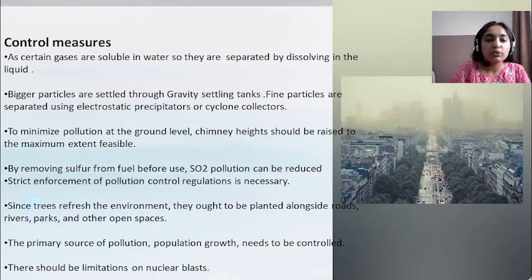How? By using filtered chimneys, by planting more and more trees, by using devices such as gravity settling tanks for bigger particles, and by removing sulfur from fuel before use. So these are the major measures through which air pollution can be controlled.